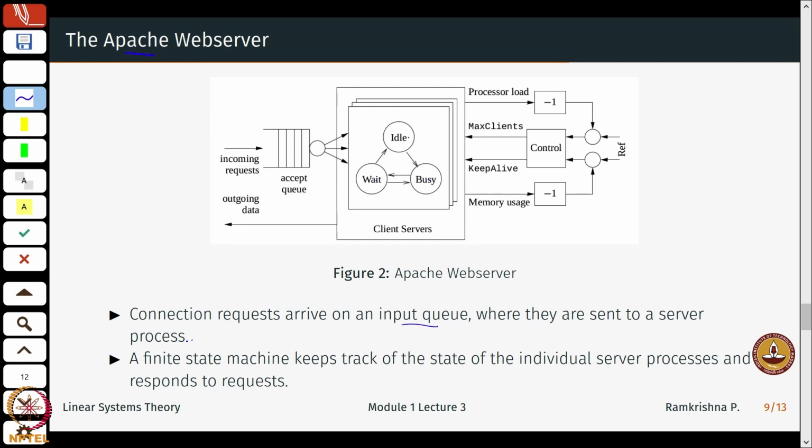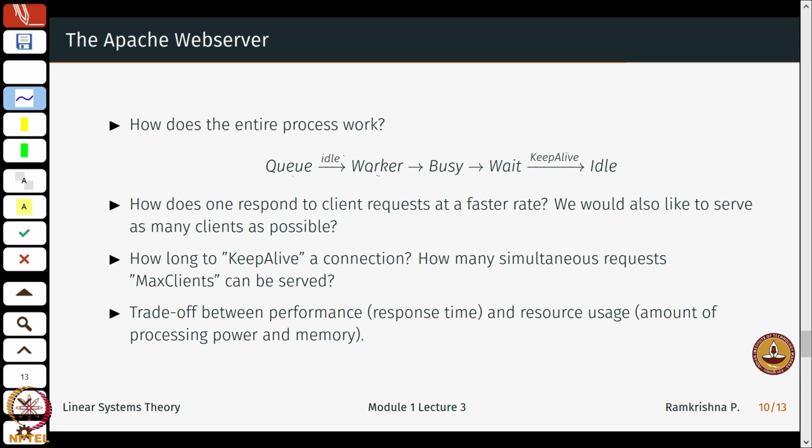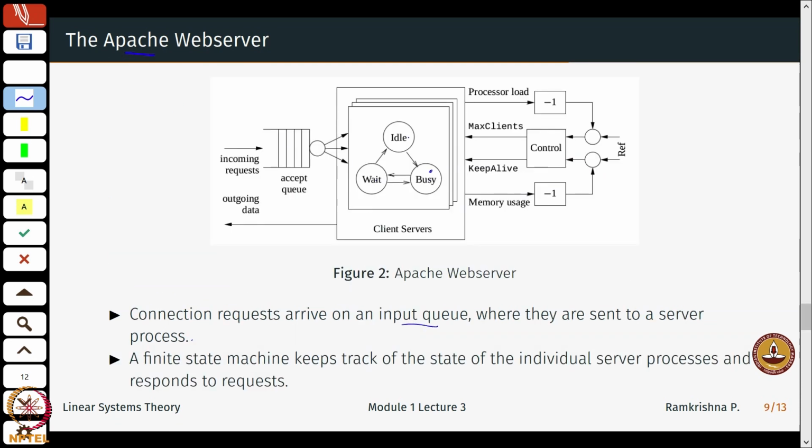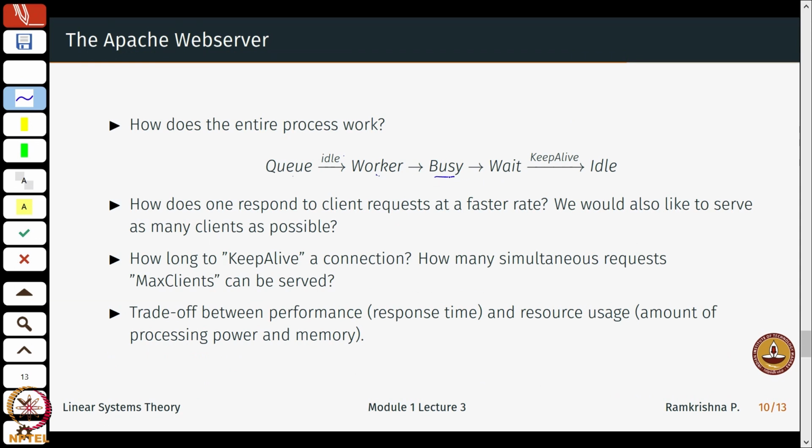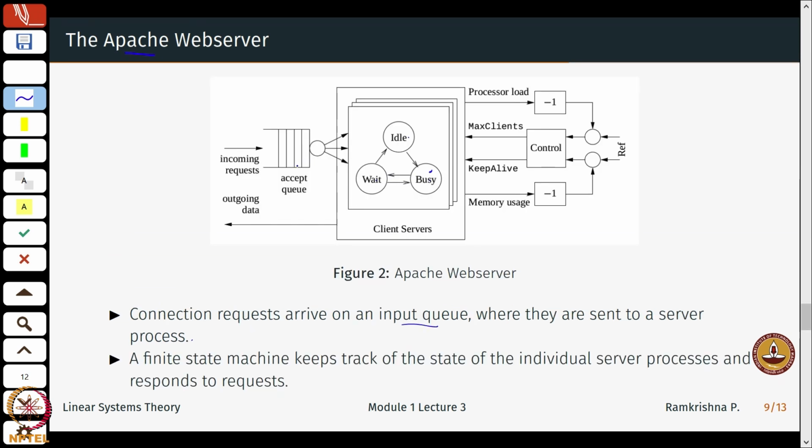Once a worker is assigned, it changes its state to a busy state. Once a request is served, it does not close the connection, or in computer science terminology, the session is not lost.